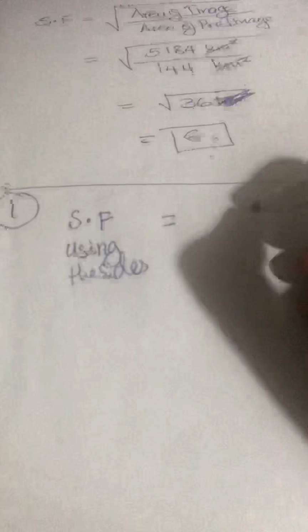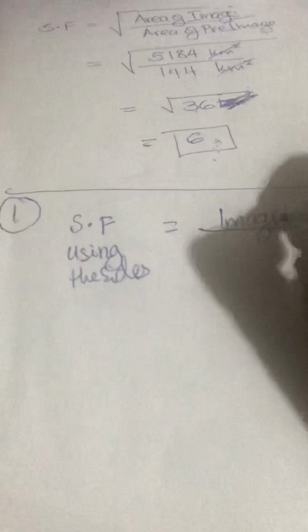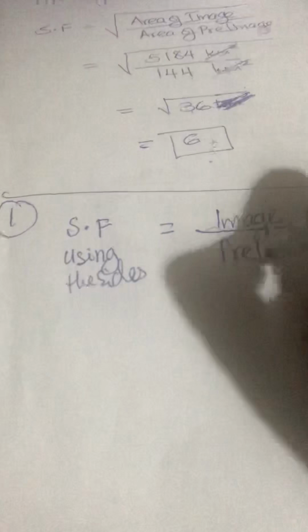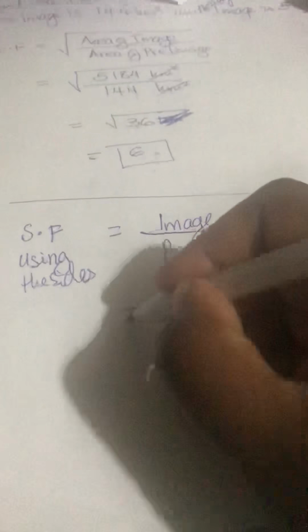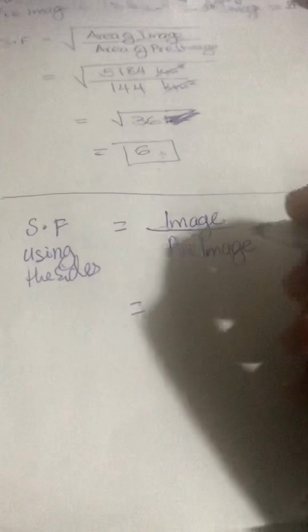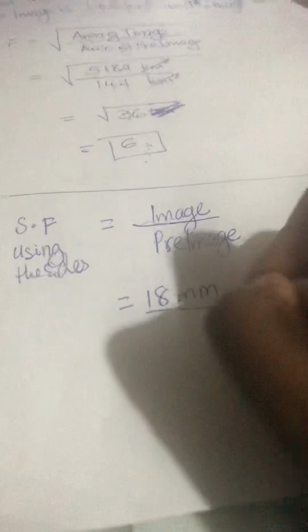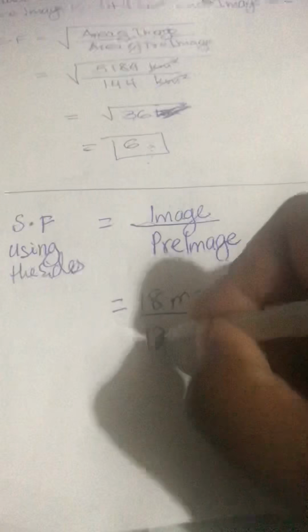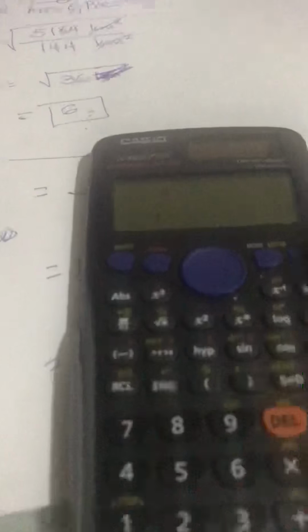So for the scale factor using the sides, I will take image and divide by pre-image. Okay? My image is what? My image is 18 millimeters. And my pre-image is 12 millimeters. Okay, I will divide these two. It will give me the scale factor.